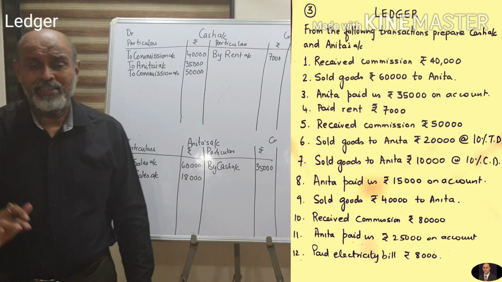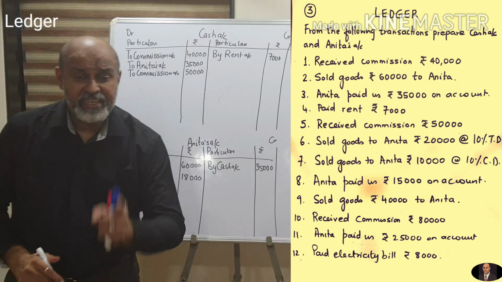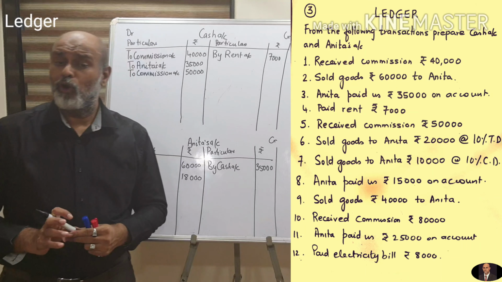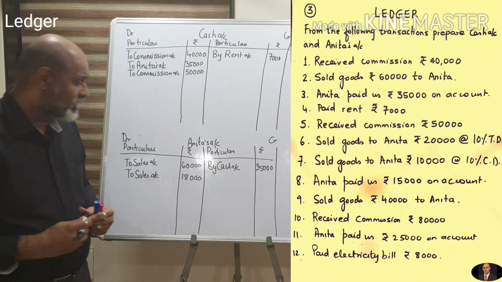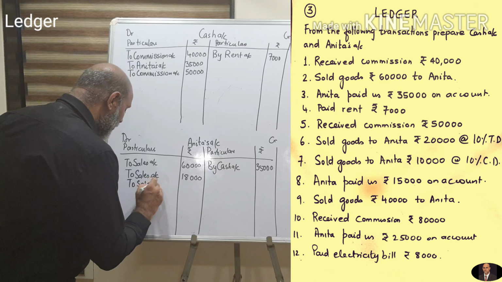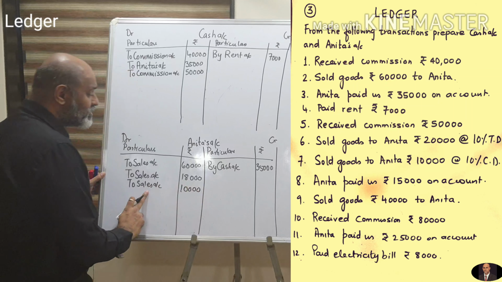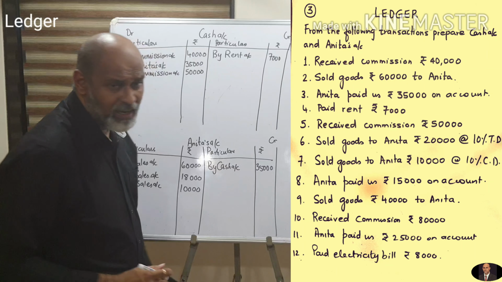Sold goods to Anita rupees 10,000 at 10% CD. Here the CD will not be applicable because it is a credit transaction, so I will write here two sales and the amount will be 10,000 itself. You will go to your sales account and write by Anita 10,000.